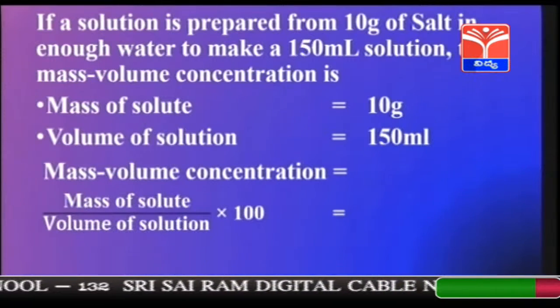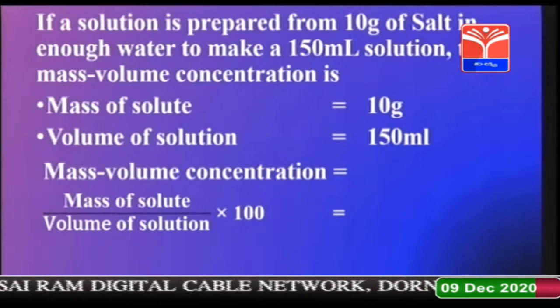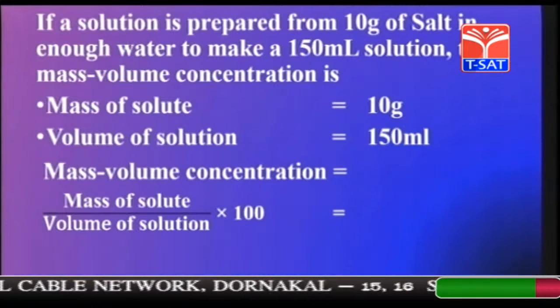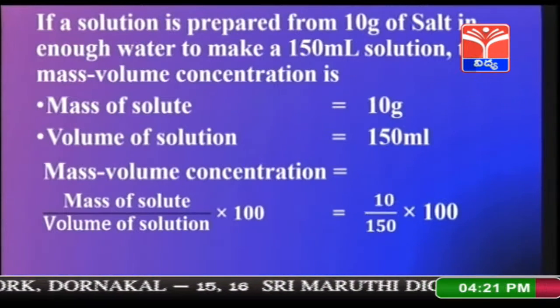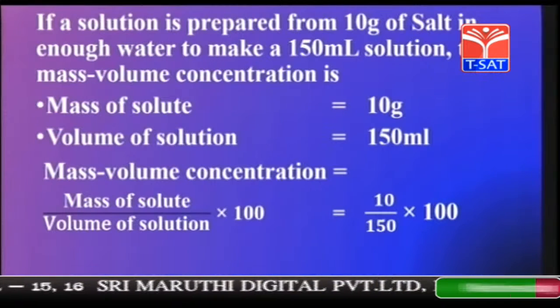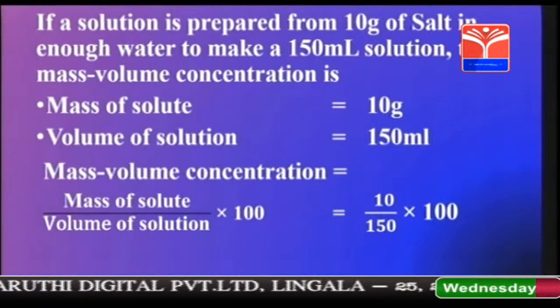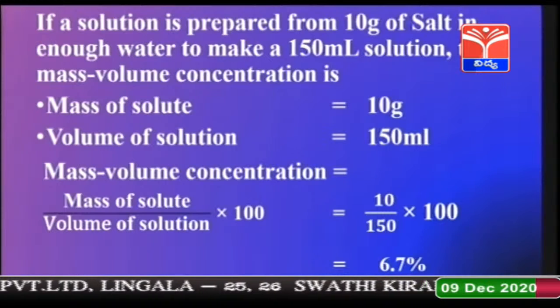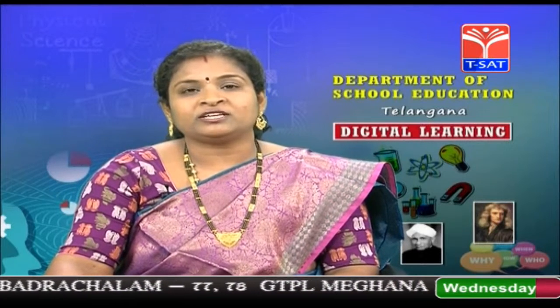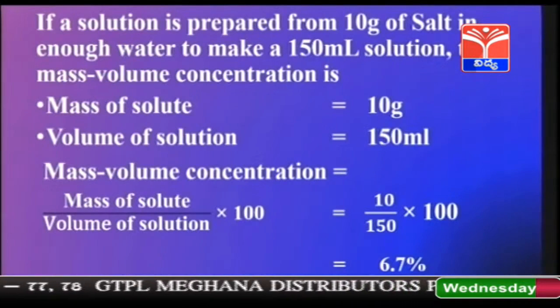Mass of the solute by volume of the solution into 100. Now let us substitute the values in this formula. 10 grams of solute by 150 ml of solution into 100. This comes to 6.7% mass volume concentration of salt solution. So 6.7% of salt is present in the solution.